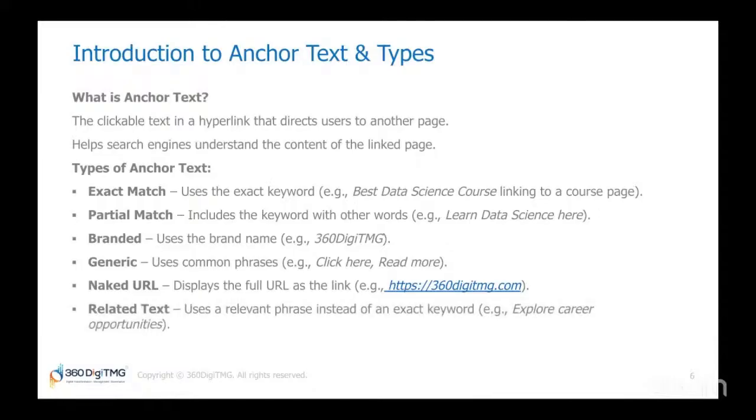And what is the next type? The next type is related text. What do you mean by related text? Related text uses a relevant phrase instead of an exact match keyword.